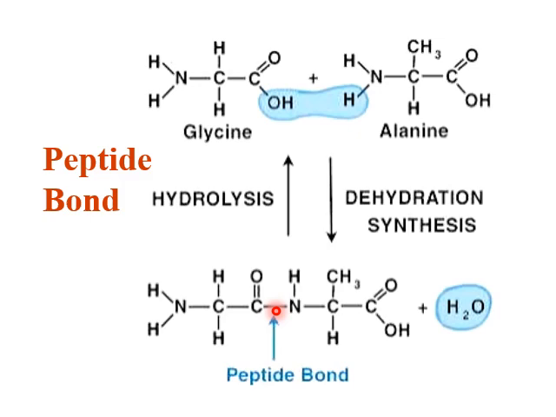Notice that when we remove the hydroxyl group from glycine and the hydrogen from alanine, we created water, H2O. When we form a peptide bond between 2 amino acids, one of the byproducts is water.